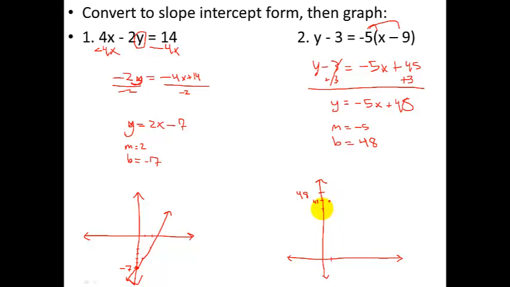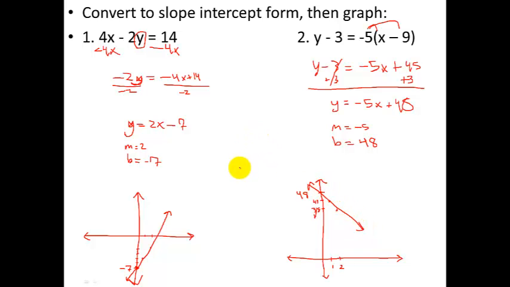Then if I go down 5 again, that puts me at 38, and then over 1. There's my first dot. Notice that on this axis I'm counting by 5s, and on this axis I'm counting by 1s. That's totally okay as long as you label your hash marks with whatever increment you're counting by. So there's my slope, something like that, sloping downward in the negative direction.